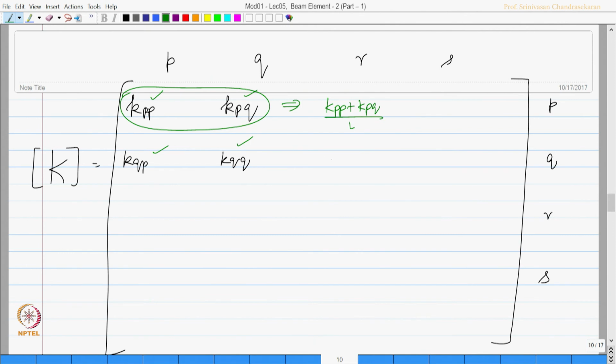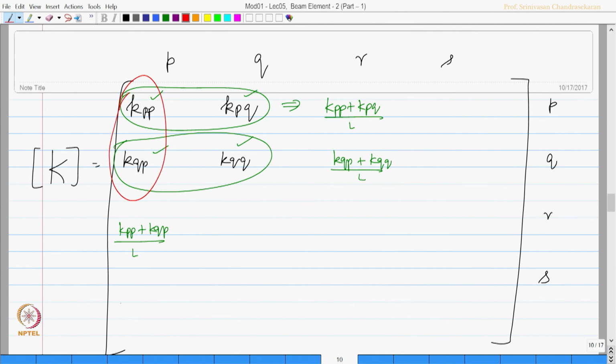And this is K Q P plus K Q Q by L, that is sum of these two by L. This value will be K P P plus K Q P by L, which will be sum of these two, and this value will be minus of K P P plus K Q P by L, which will be the same as this with a negative sign.